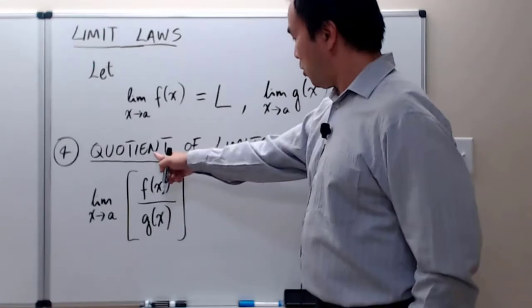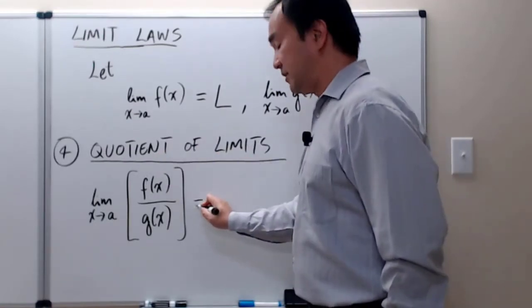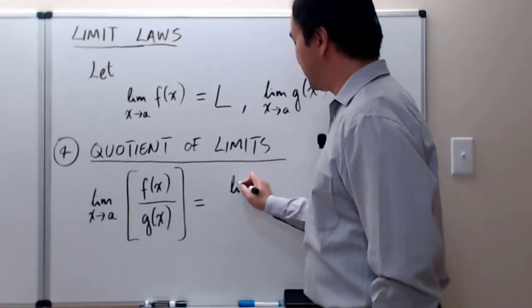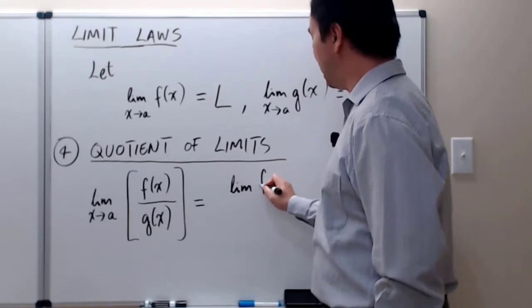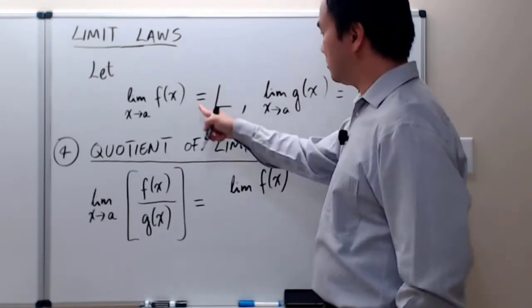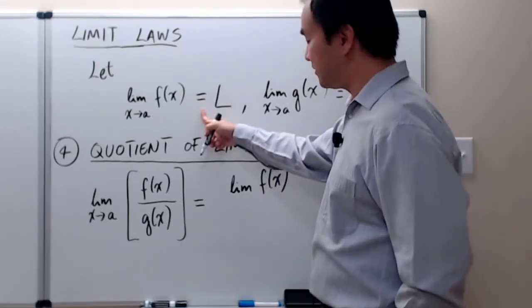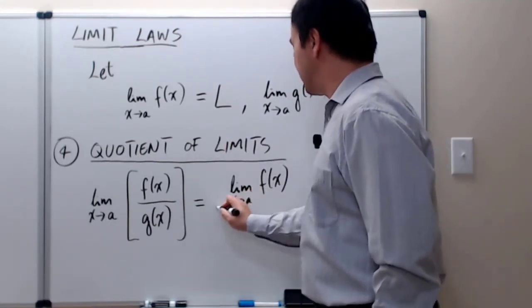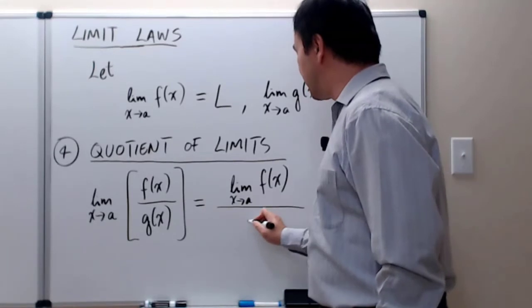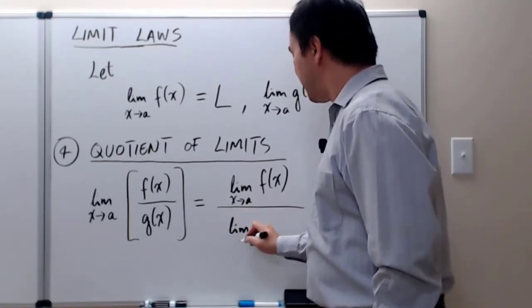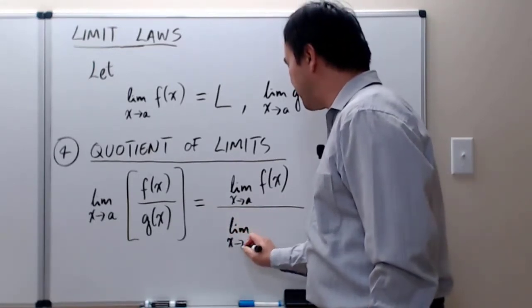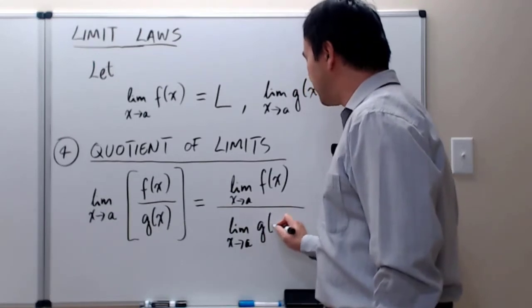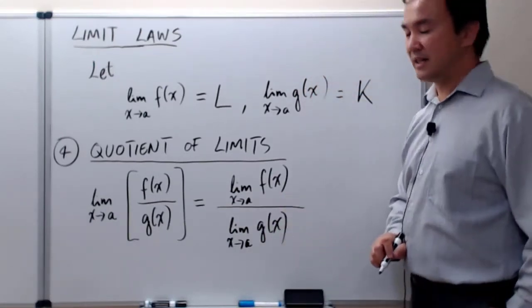And so this quotient of limits allows us to find a separate limit for f of x, whose value we will know easily, and then whichever comes out from that limit, we are going to divide by the similar limit, the limit to the same limit point, but on the other function g of x.